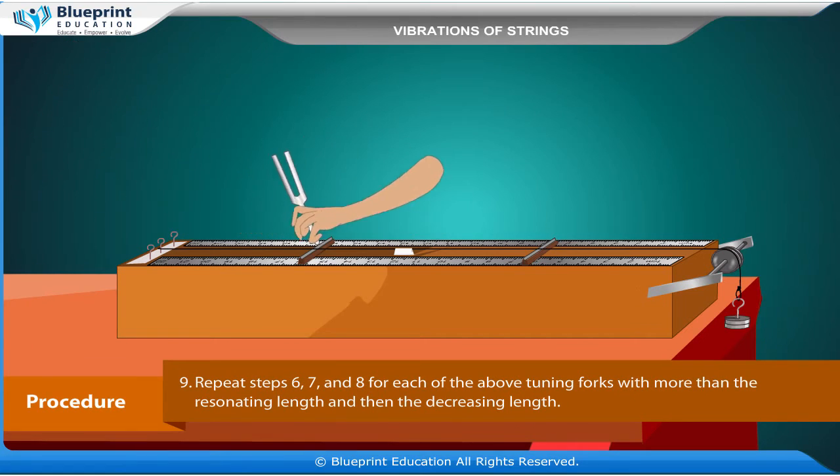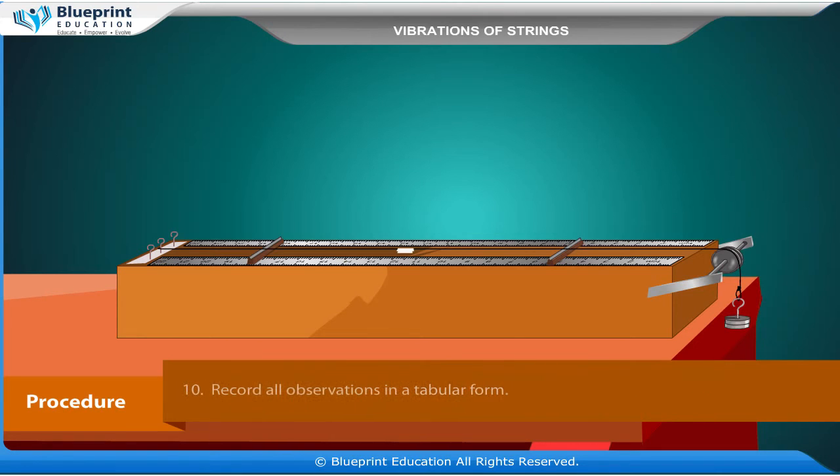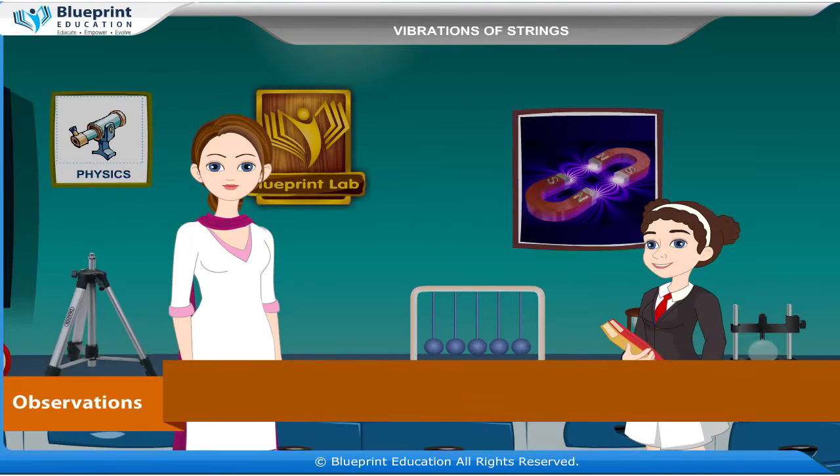Repeat steps 6, 7 and 8 for each of the above tuning forks with increasing and then decreasing length. Find the mean of resonating lengths between the bridges for increasing and decreasing distance corresponding to each frequency. Record all observations in a tabular form.